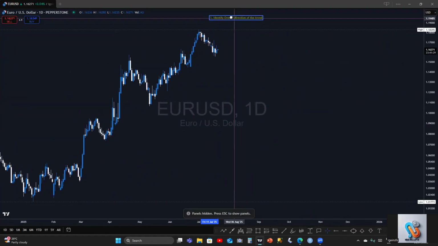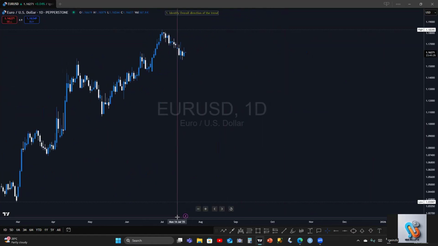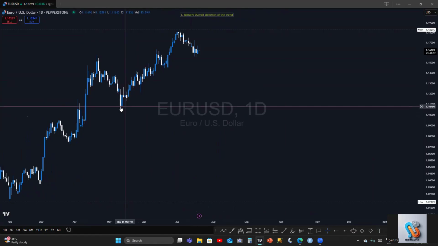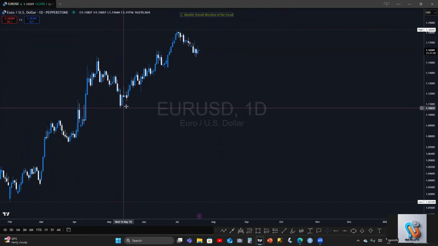Let's see what we have. Okay, if you look at the daily, you see that right here we have an obvious resistance level here, and we have the support level here.